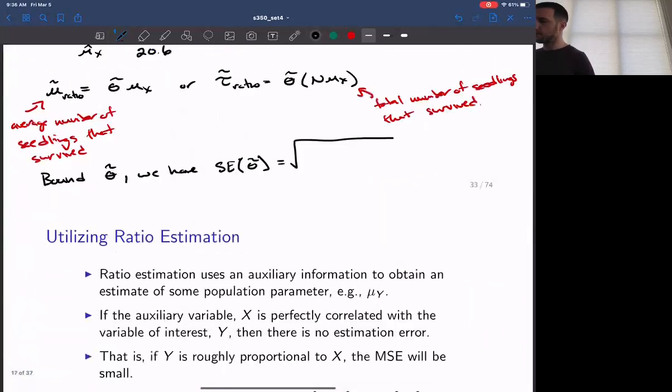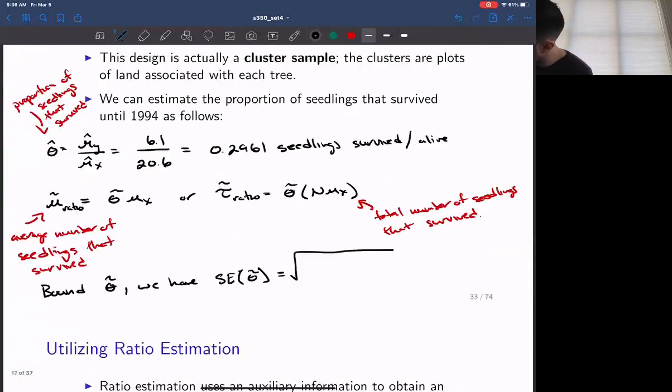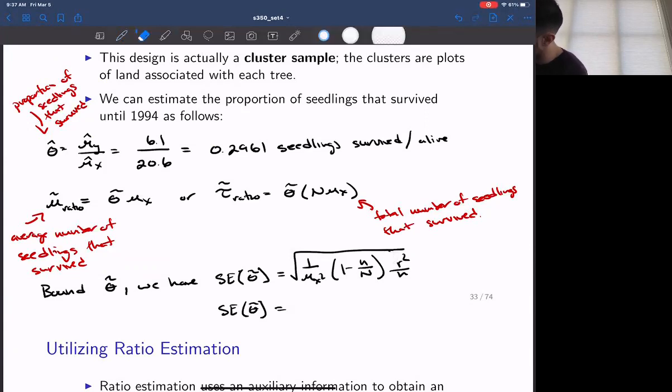Okay, in this case we'll have 1 over mu x squared, times 1 minus little n over capital N, times sigma tilde r squared. And since it's a standard error, this has to be a hat.